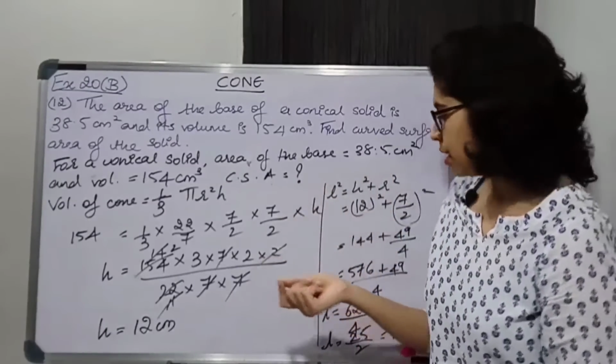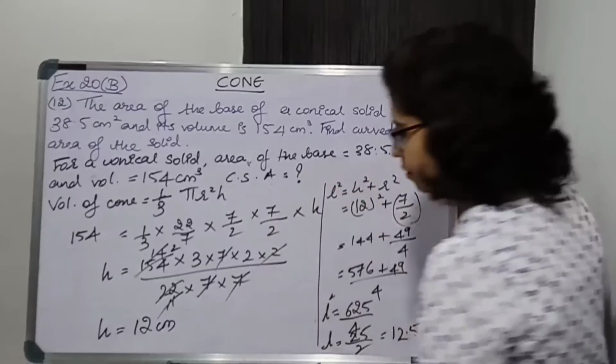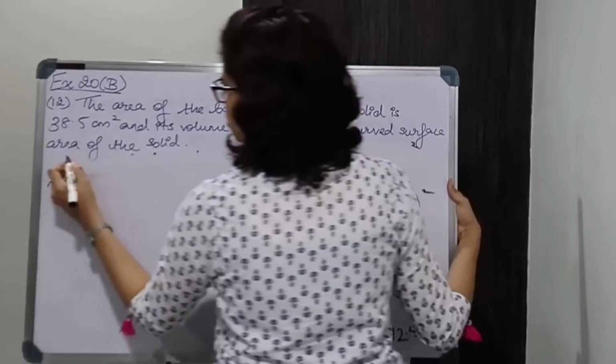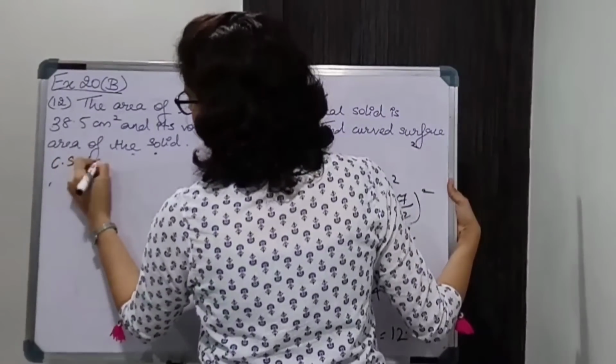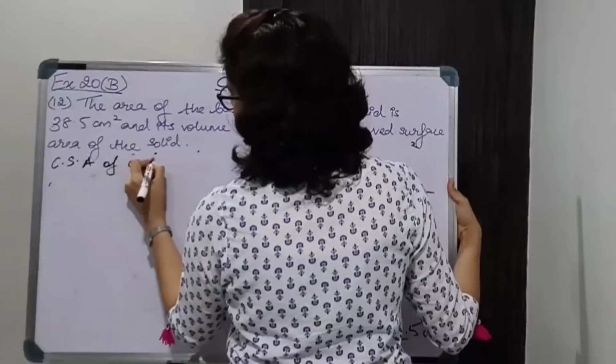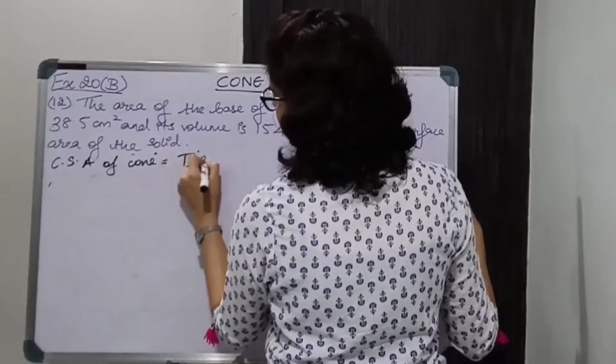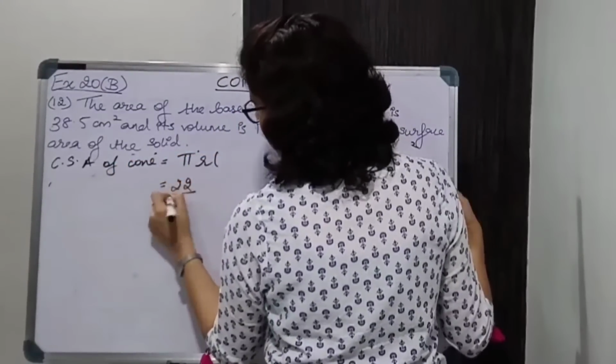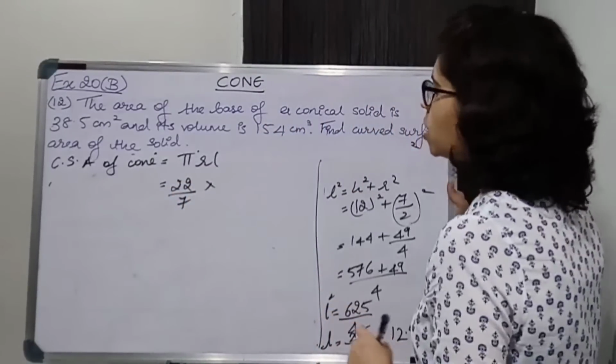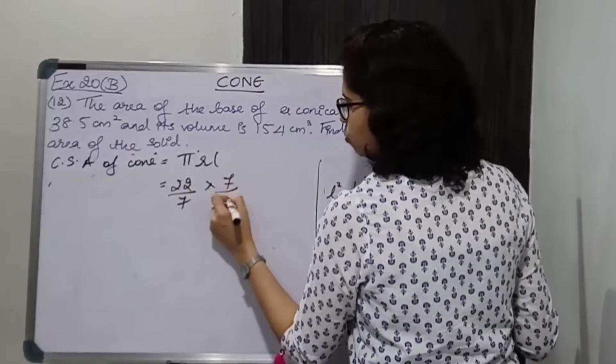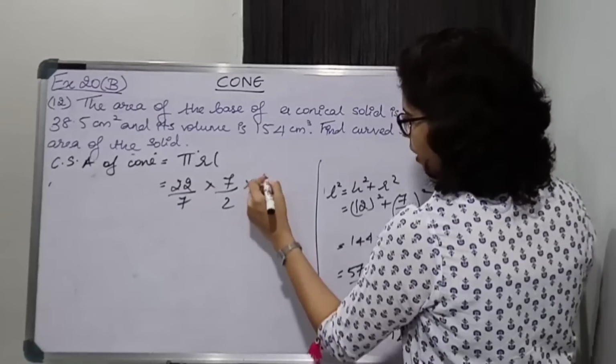on both the sides. Now we'll find the curved surface area. Now CSA of cone is pi RL, that is 22 upon 7 into R is 7 by 2 and L is 25 by 2.